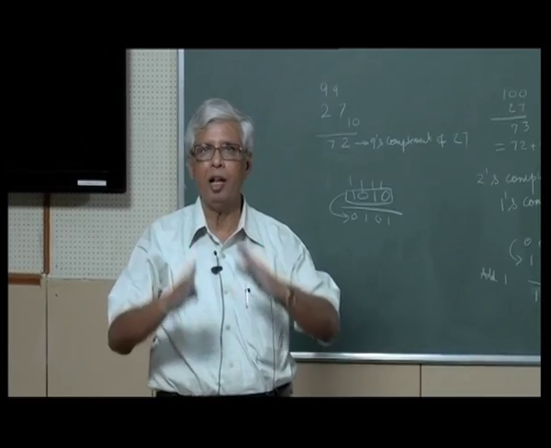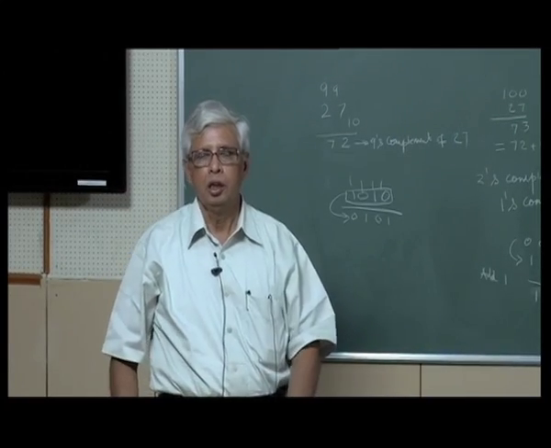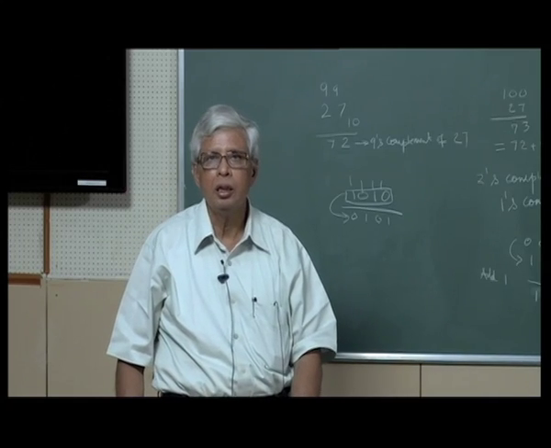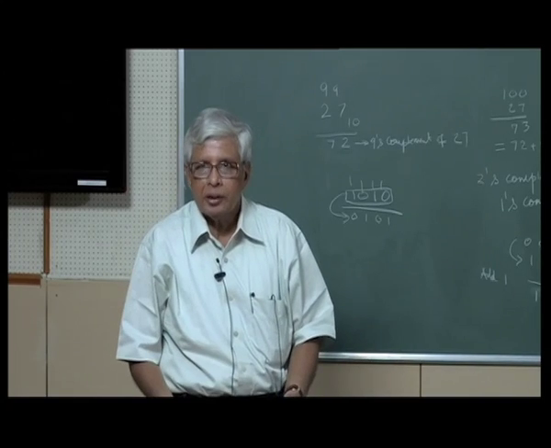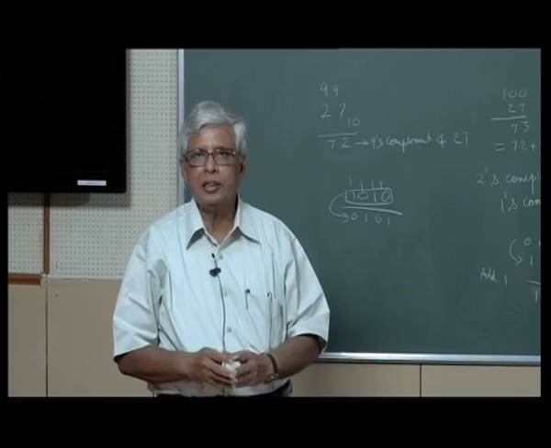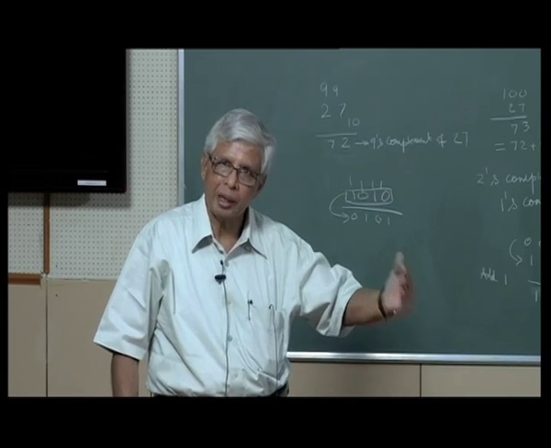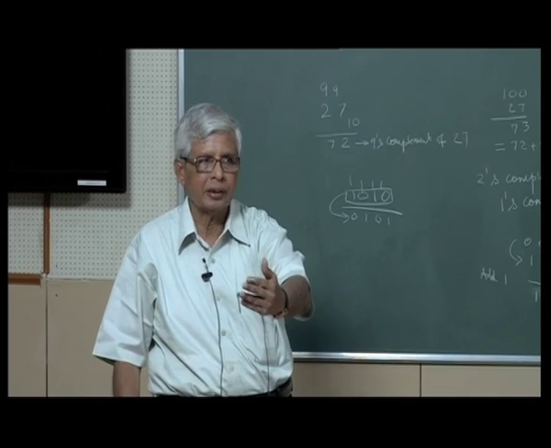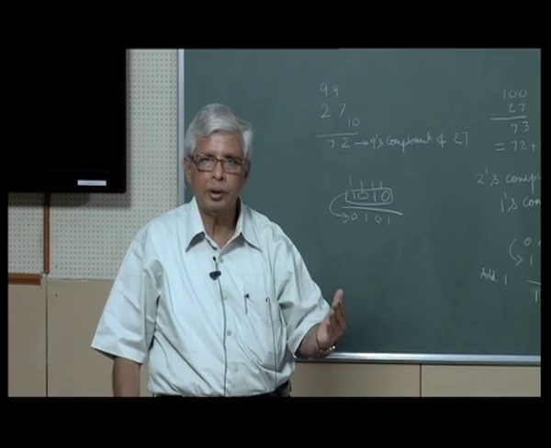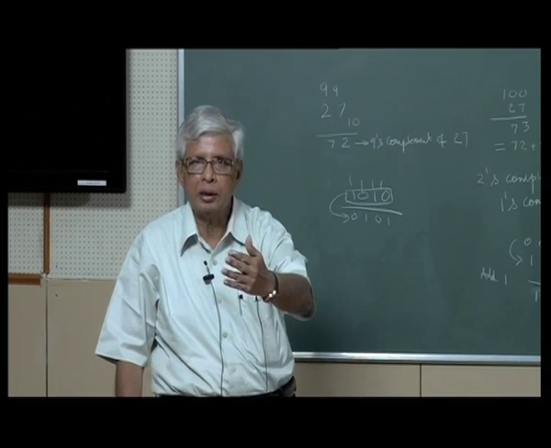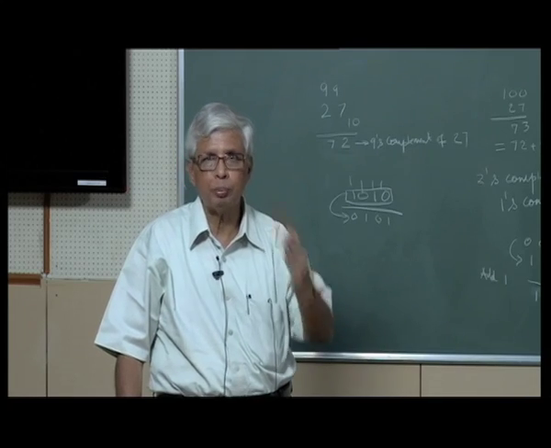Always ask how many bits. Do you want 8 bits? 7 bits? If 8 bits, 1 bit is for sign, so the range is minus 128 to plus 127.